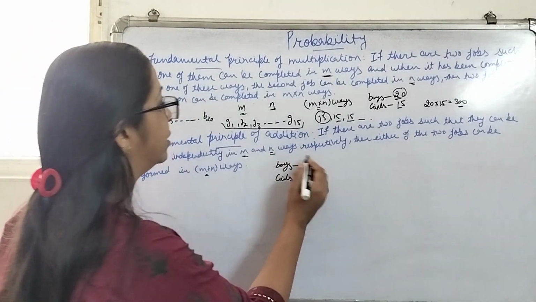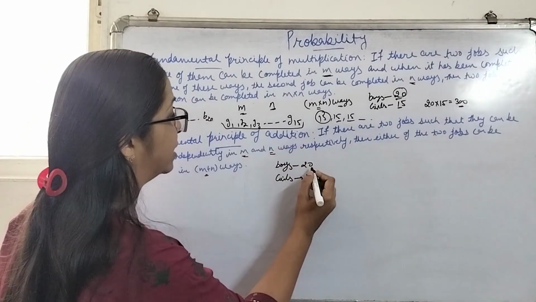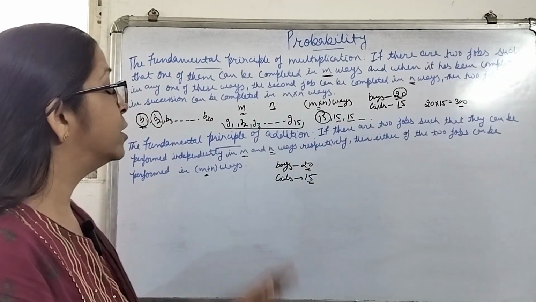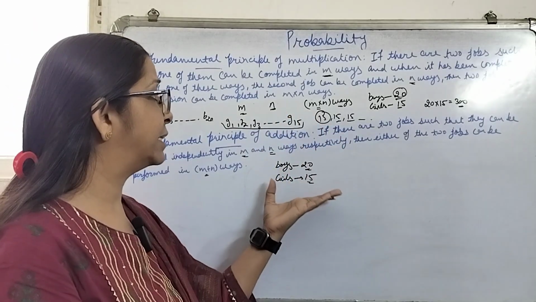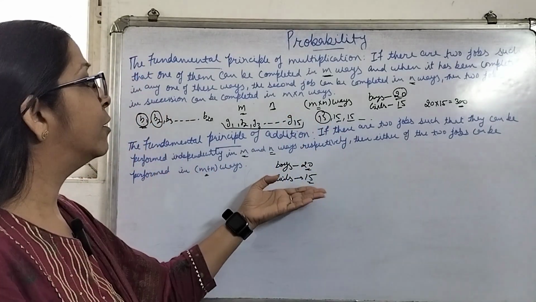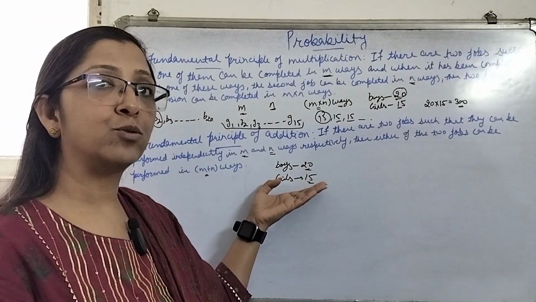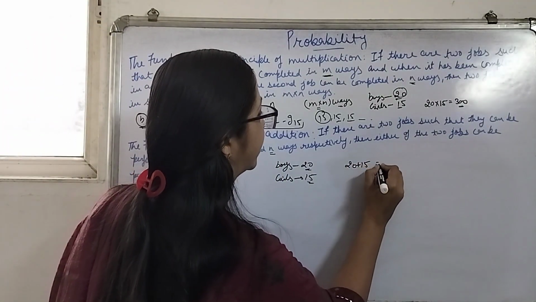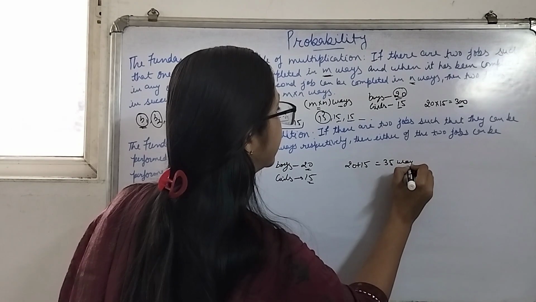That means if she is selecting a boy, there are 20 ways of it, and for a girl there are 15 ways. So if she has to select any one student independently, there will be 20 plus 15, that is 35 ways of selection.